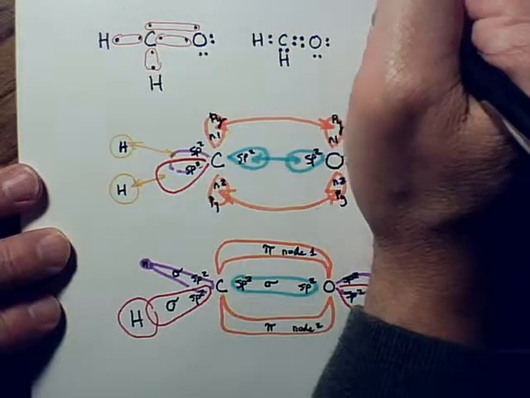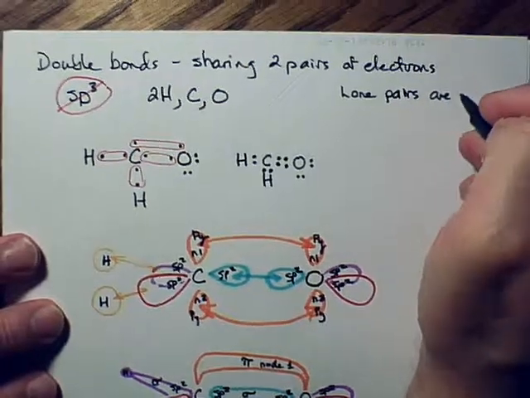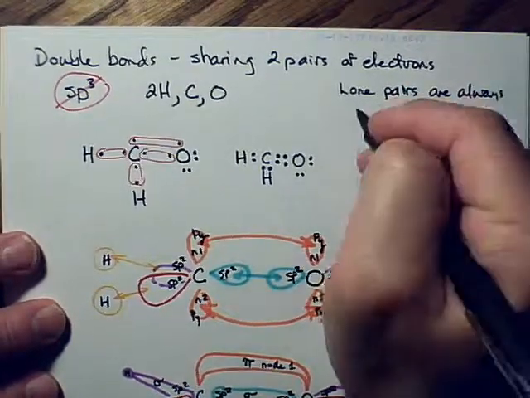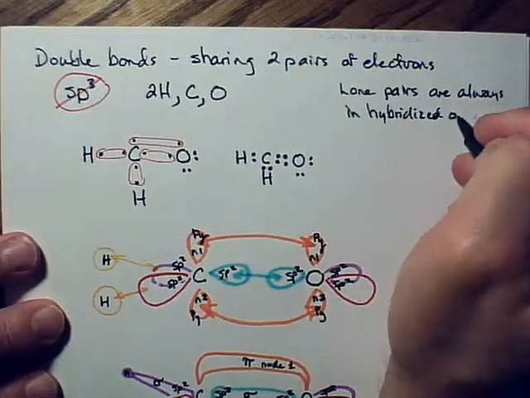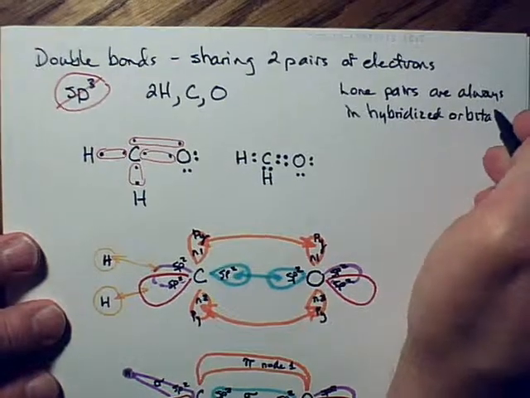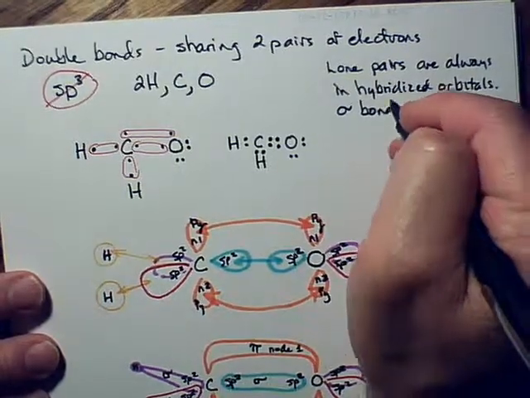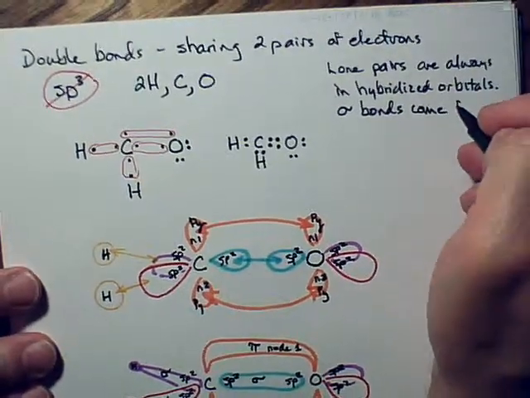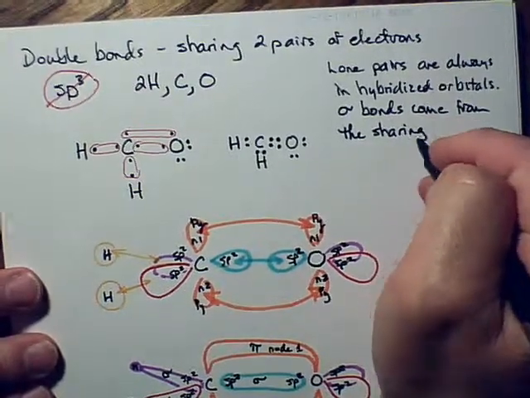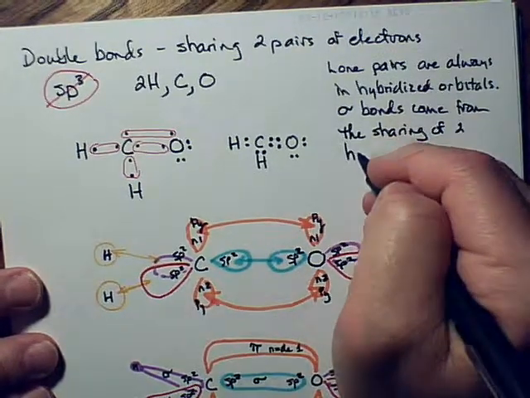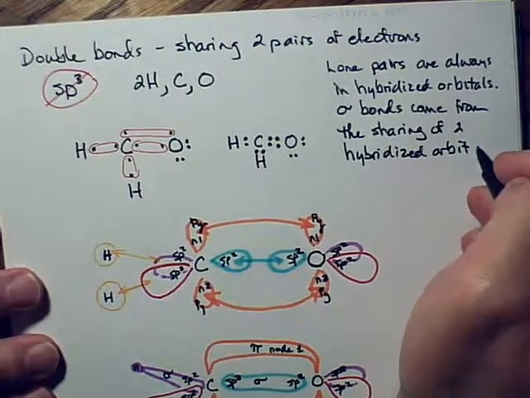But the thing here is kind of maybe a helpful hint. Okay, lone pairs are always in hybridized orbitals. Okay. Likewise, sigma bonds come from the sharing of two hybridized orbitals.